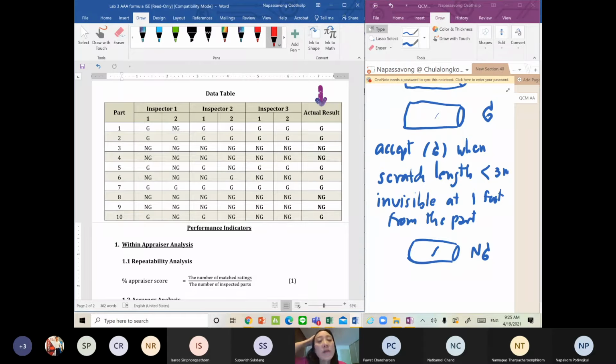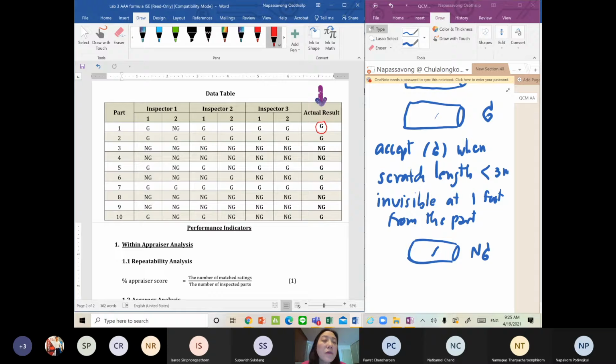If he says that this part is a good part, we will believe that this is the actual result. And if he says it's NG, we're going to believe it also.